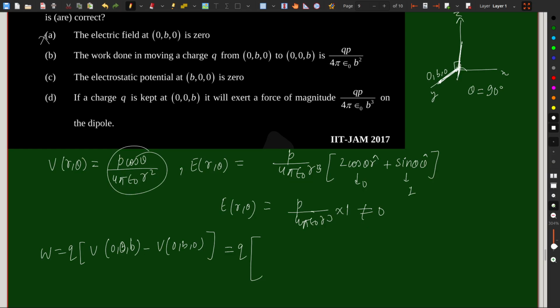At (0, 0, b), the point lies on the z direction and the dipole moment is also in z direction, so theta is 0 degrees and cos 0 is 1.